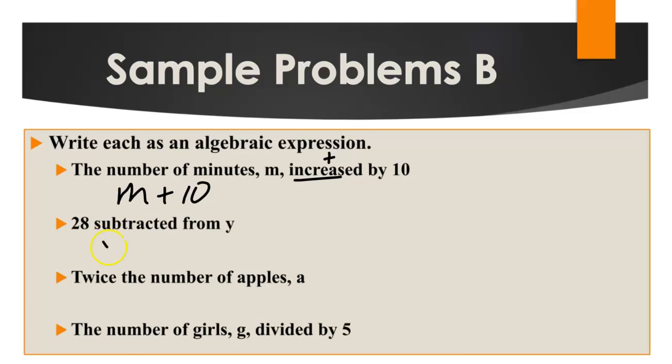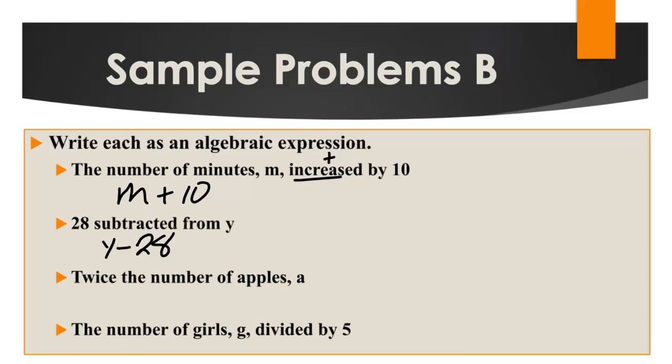So that means we have y, and we're subtracting from that 28. So don't put 28 minus y because that's completely different. So with subtraction, you have to read it very carefully because one small word like from dictates where you put the variable and where you put the number.